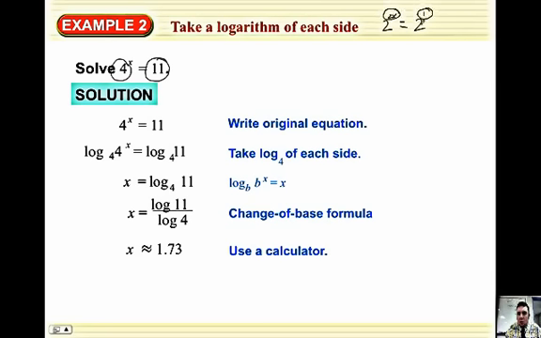So example 1 is like this. But in example 2, you can't get them to the same base, so you have to log both sides. Only if it's an exponential equation do we log both sides. If it's a log equation, we're going to do something else. So, that's example 2.